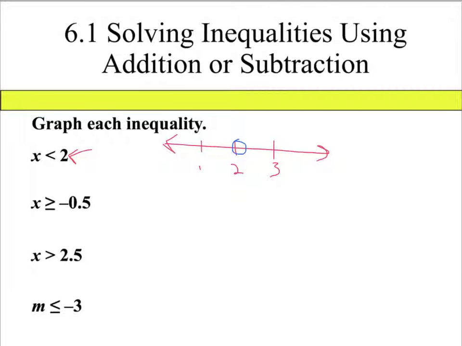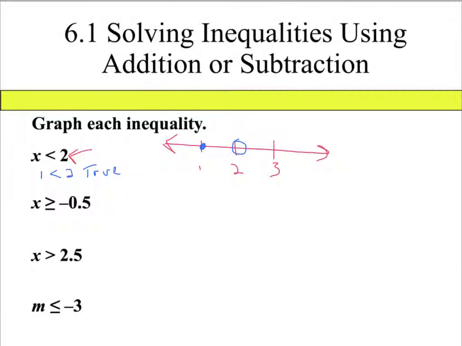Now it says graph it. We need to graph something less than 2. So if I go less than 2, am I going to go to the side of 1 or the side of 3? Well, is 1 less than 2? Absolutely. Because I just checked that 1 is less than 2, and that's true, I know that 1 is included in my solution set.